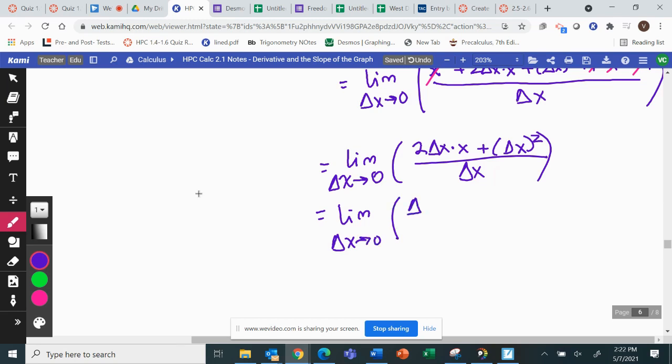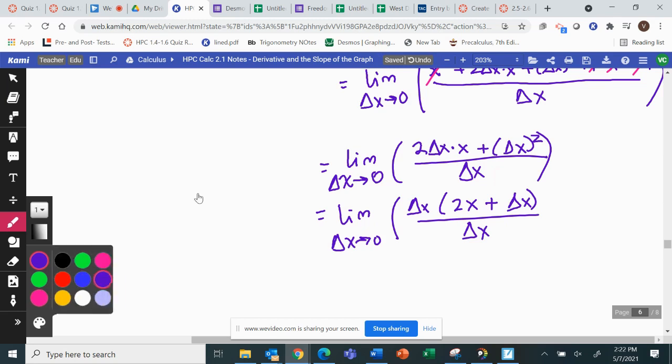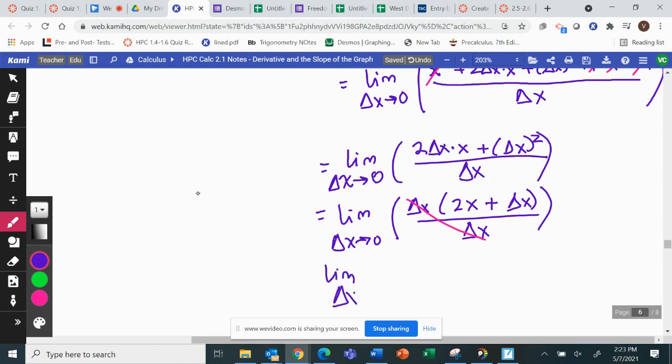So I'm going to pull out a delta x, and we'll have 2x plus delta x over delta x. And those cancel. And so I'm doing the limit as delta x approaches 0 of 2x plus delta x.